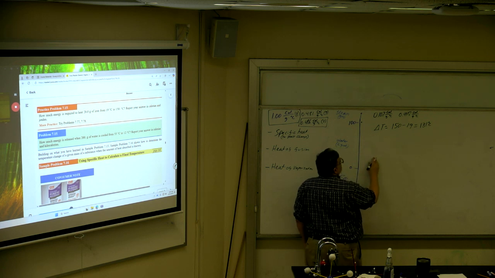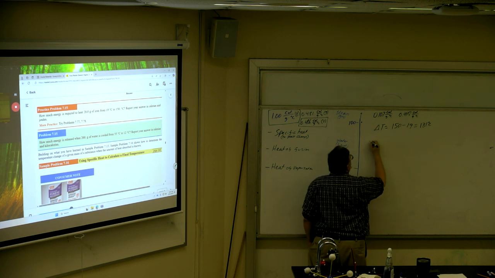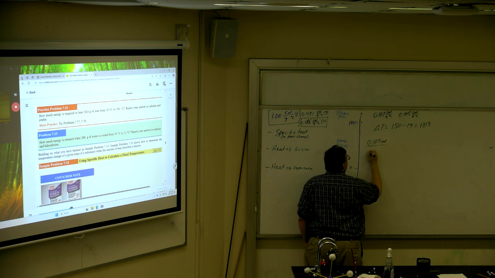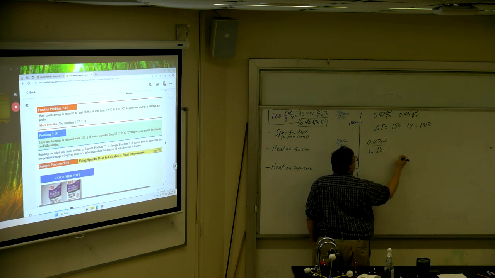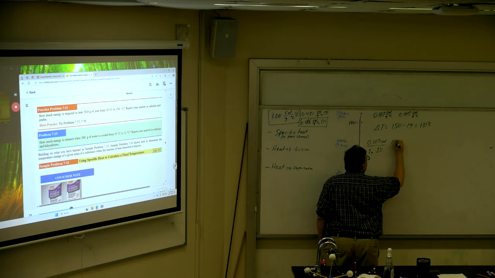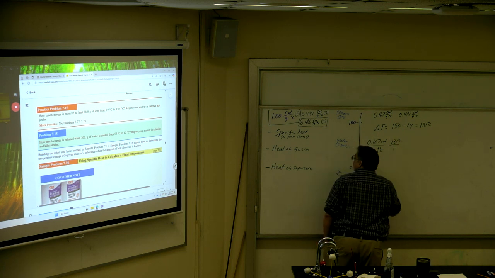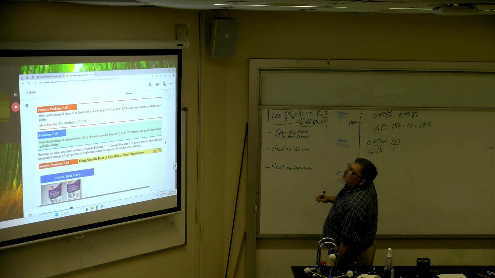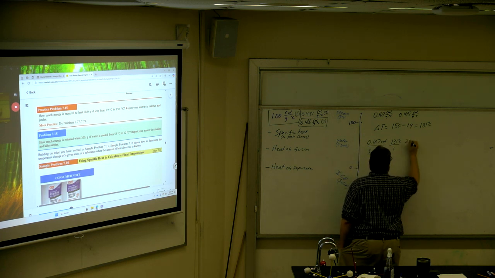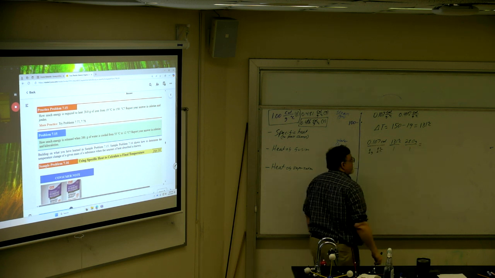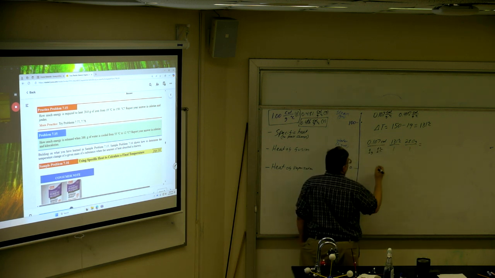So how many calories did it take to do this? Well, 0.107 calories per 1 gram per 1 degree C. My delta T is 131, and the grams, 28.0 grams. That'll tell you how many calories. What is it in joules?